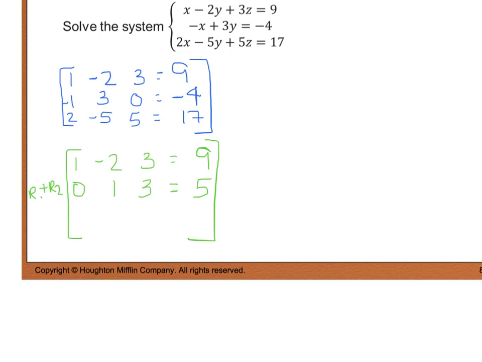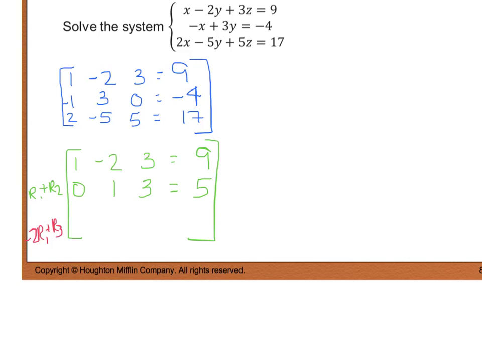Now, to get rid of this 2 here, I see that if I multiply the first row by a negative 2 and add it to the third row, then I can cancel those out. So let's go ahead and do that right now. We said negative 2R1 plus R3.